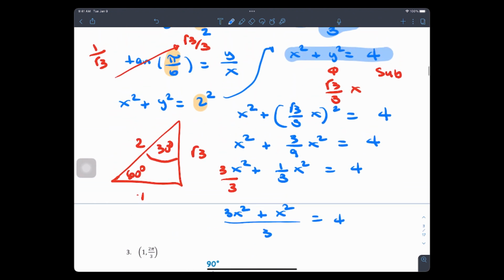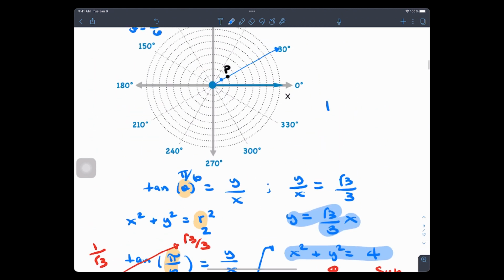And I'm going to have to get some space here. 4x squared over 3 is 4. So you guys can multiply both sides by that 3, and you get 4x squared is 12, looks like. Yep. Divide by 4, we get x squared is 3.